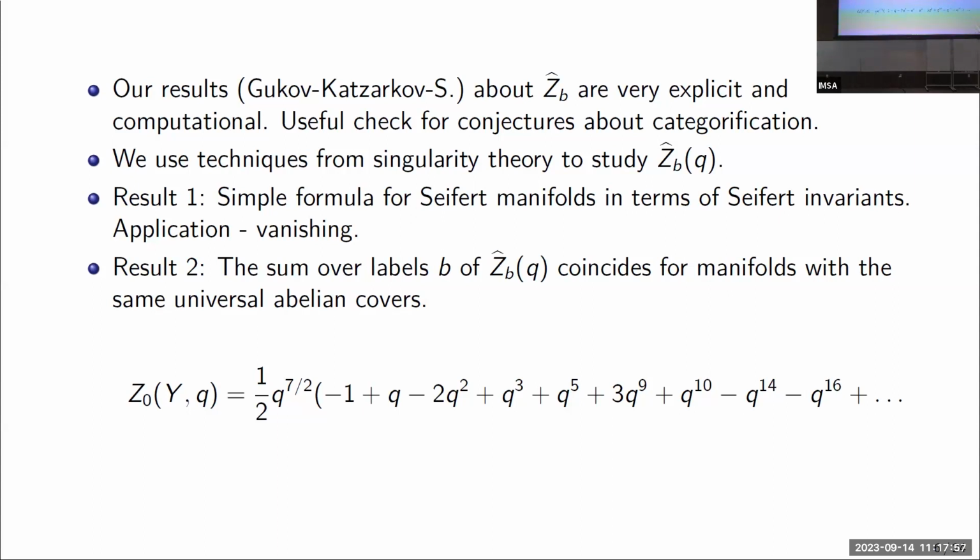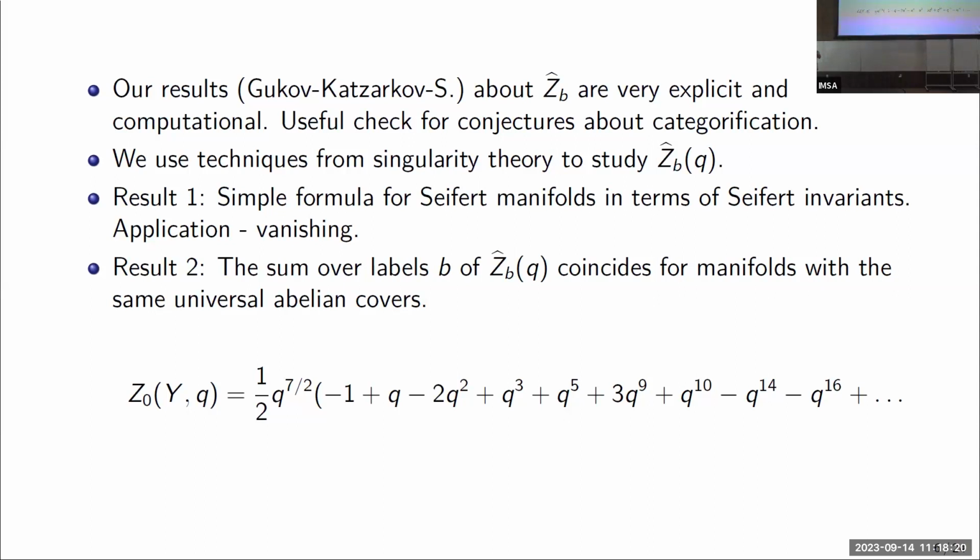And the second result relates this invariant to the abelian coverings of the three manifold. So it's a technical result, but it implies that we can find two very different manifolds, but they have something in common. And the thing which is common is the universal abelian covering.